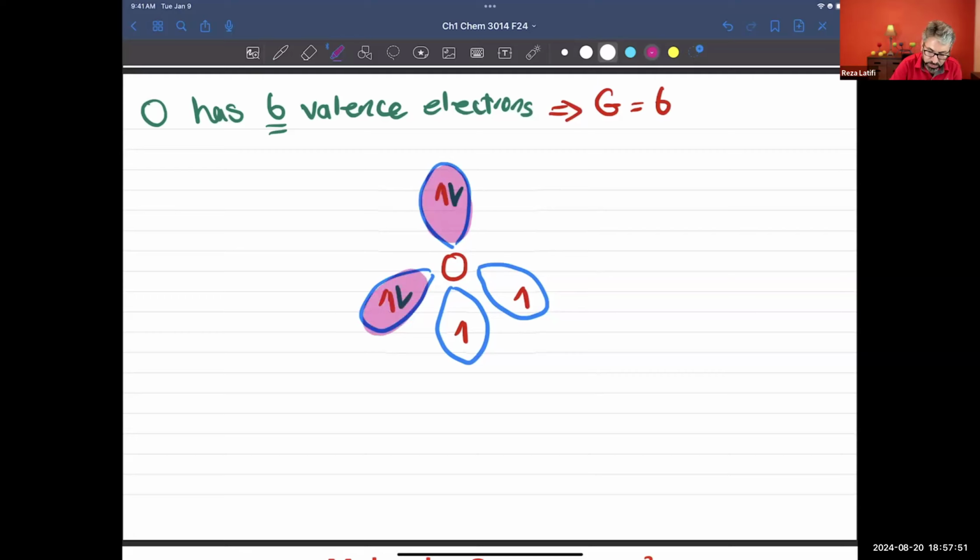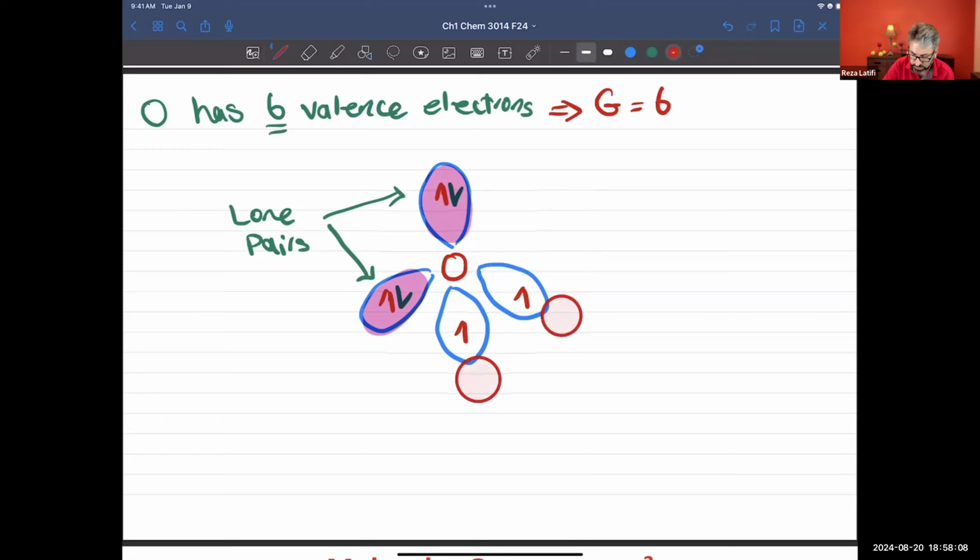And these 2 orbitals will be lone pairs. So these 2 orbitals are lone pairs. And after that, hydrogen can reach oxygen only and only through these 2 hybrid orbitals. So you put hydrogen or fluorine there with opposite spin. And that's going to give you 2 sigma bonds.